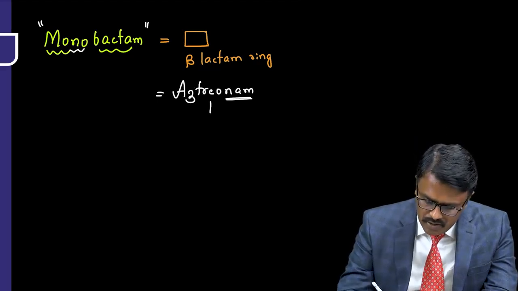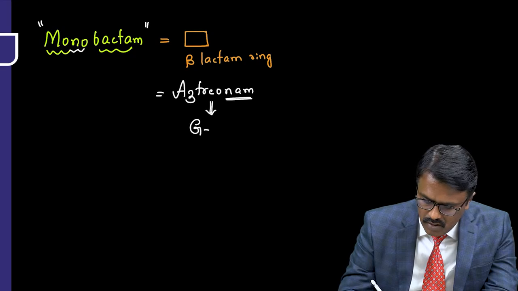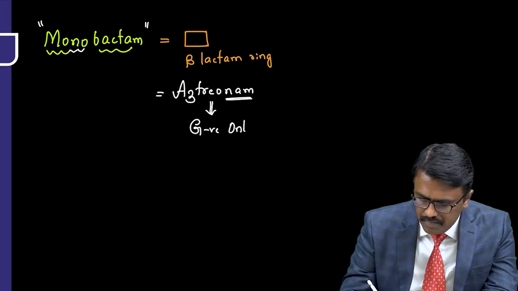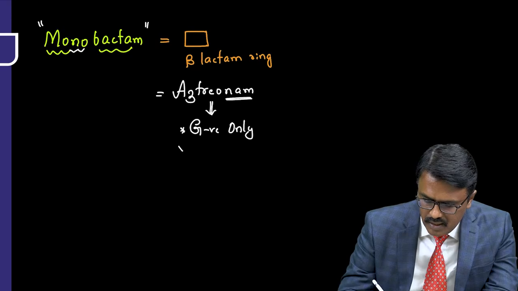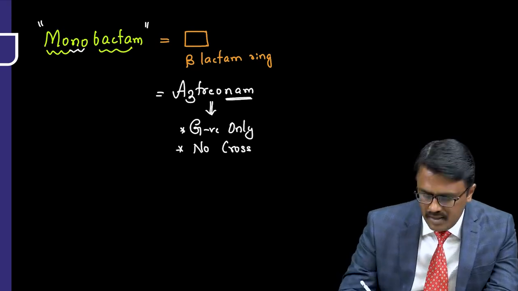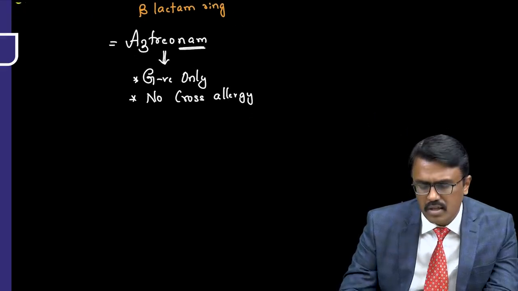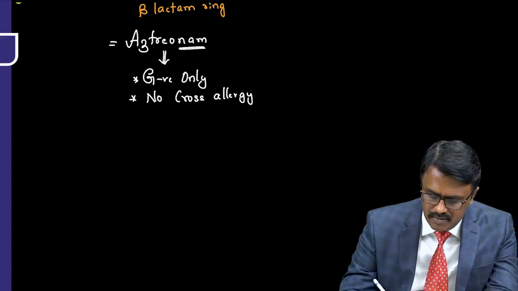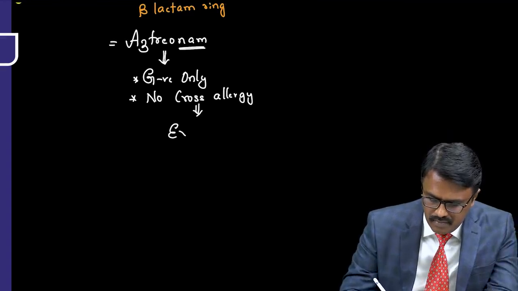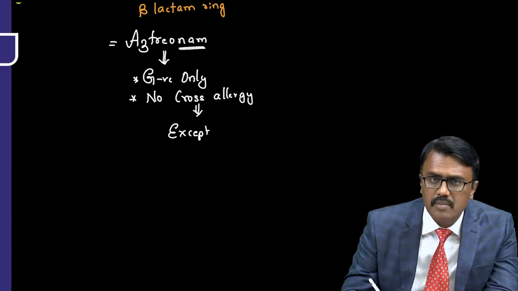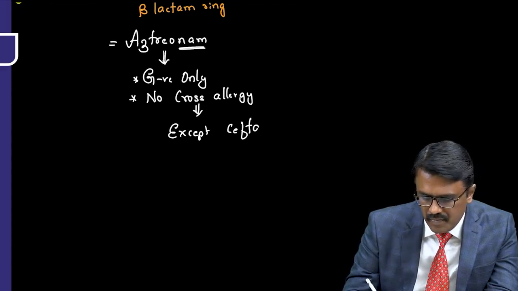Now the specialty of Aztreonam is it is going to work on gram negative only. Second, it has no cross allergy with other beta lactams except a drug by the name ceftazidime. You may ask a question, sir, why with ceftazidime?